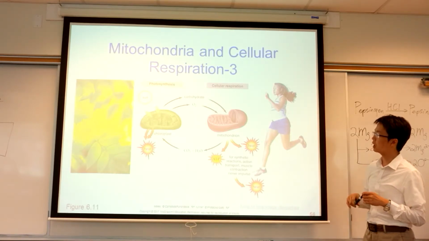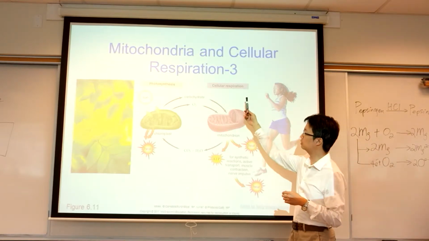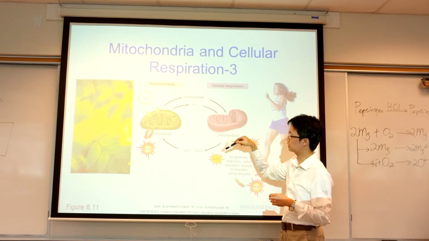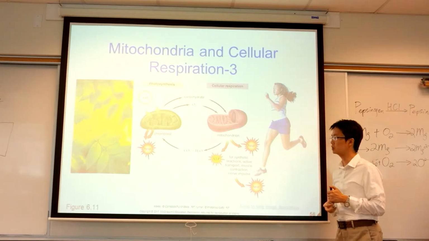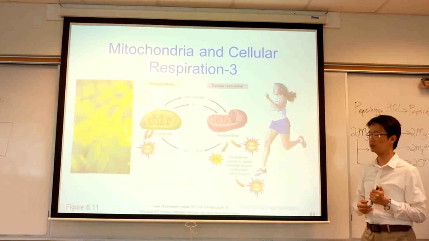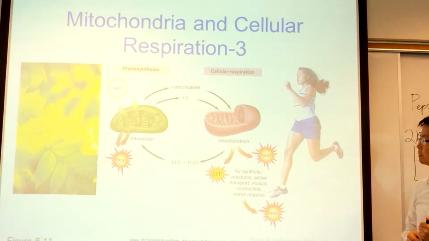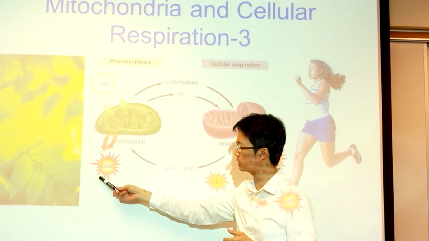So this is the picture I showed you before. As you can see, these two, cellular respiration and photosynthesis, depend on each other. We must have a balance of the two so that the ecosystem can continue to work. As you can see, in each step, even in photosynthesis, we have loss in heat.